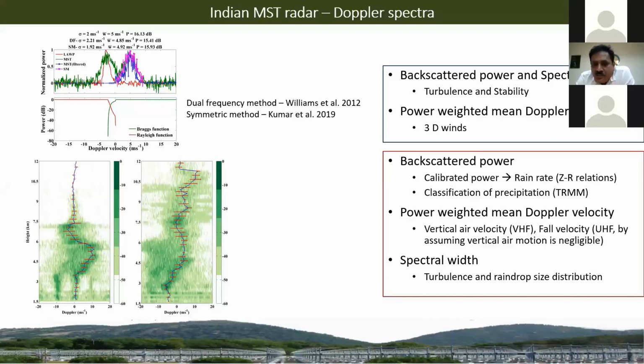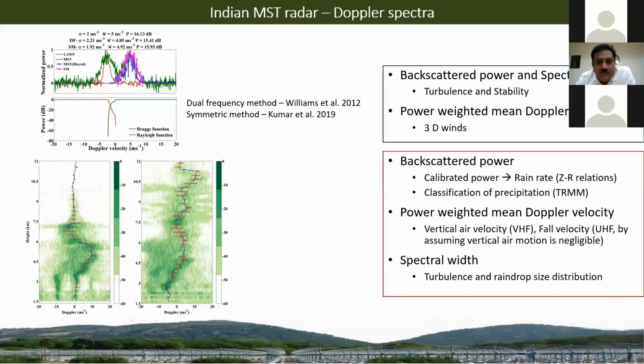Similarly, we can use the mean Doppler velocity from the precipitation particles. If you correct for the clear air, then we can directly relate that to the fall velocity of the hydrometeors. If it's rain, we can say the rain is falling with this much fall velocity. Using the spectral width information we can get the turbulence, and we can also convert the spectra to the raindrop size distribution.